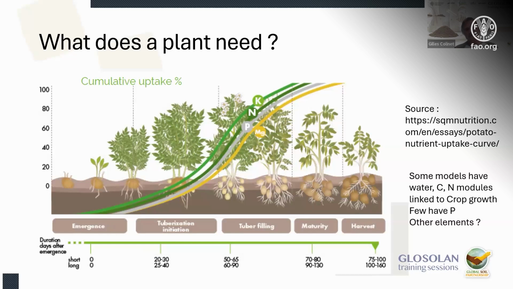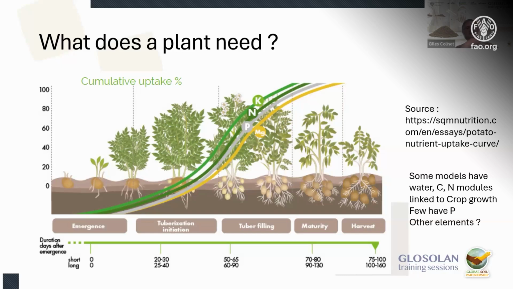But also, it is important to know the stages of development of the crops. And here you have a representation of the potato development. If you look at the curves of nutrient acquisition, this is cumulative uptake, you see that it's not a straight line.